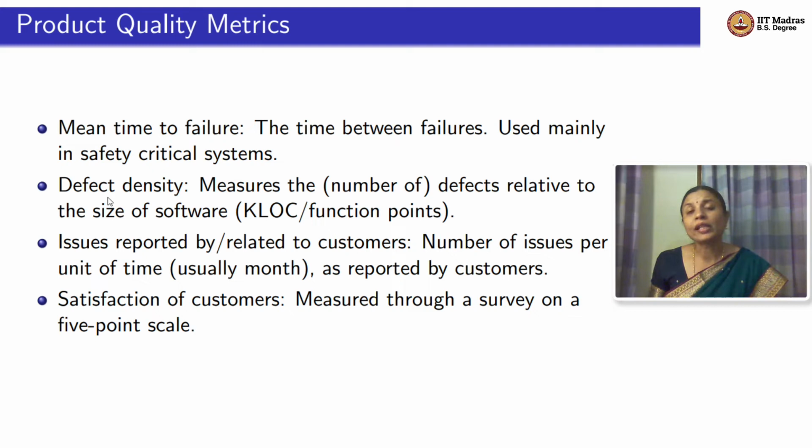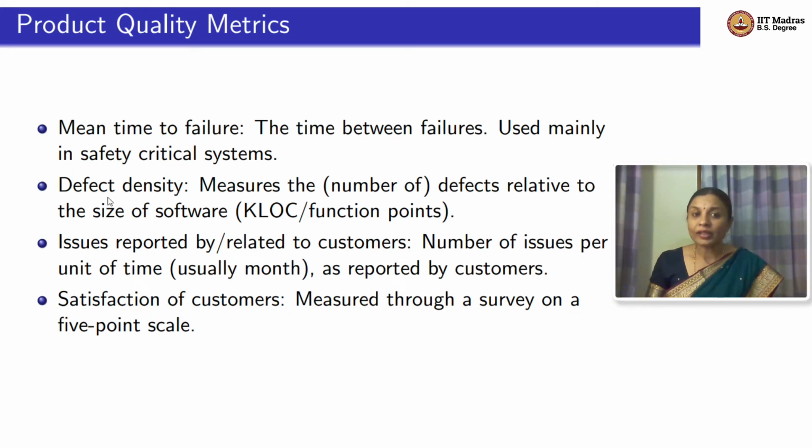If software fails often, then it's really error prone and of very low quality. But if it almost never fails or fails very rarely, then it's of very high quality. So it's mainly used in the context of safety critical software, which is expected to have a very high mean time to failure.